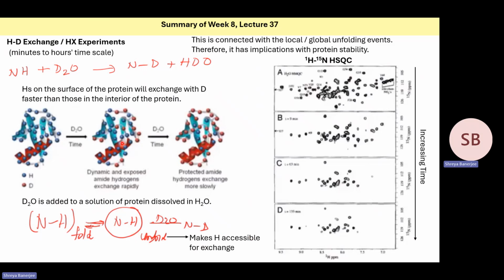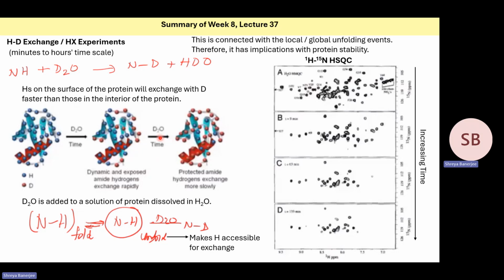That is why the portions on the surface will exchange much more rapidly, because they are already exposed to the D2O. But the portions in the interior of the protein, which are very well folded into secondary structures like helices or beta sheets, will first have to unfold in order to be exposed to the D2O, so that the hydrogen is accessible for exchange. That is why it takes time for the interior protons to be replaced by deuterium.